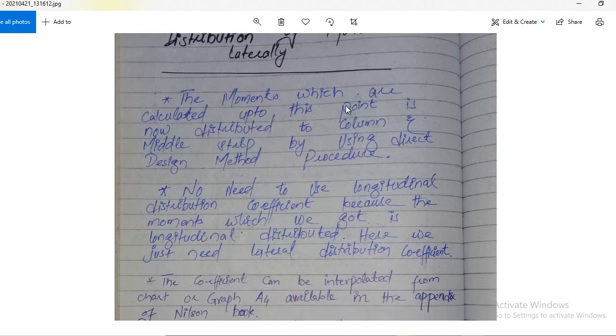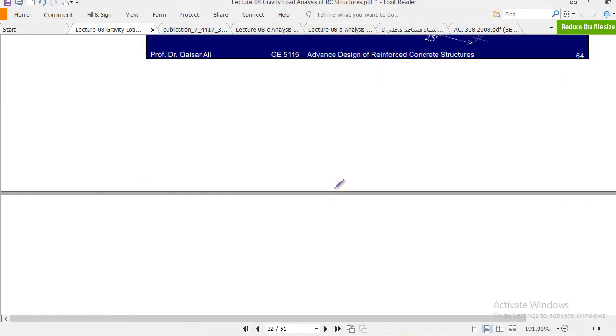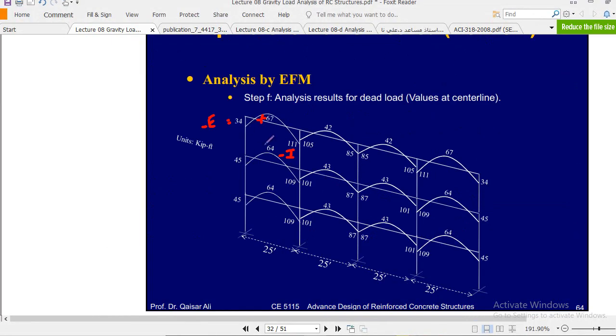The moments which are calculated up to this point are now distributed to the column and middle strip by using the direct design method procedure. Okay, so here you see the moments. These moments are basically the longitudinal moments.